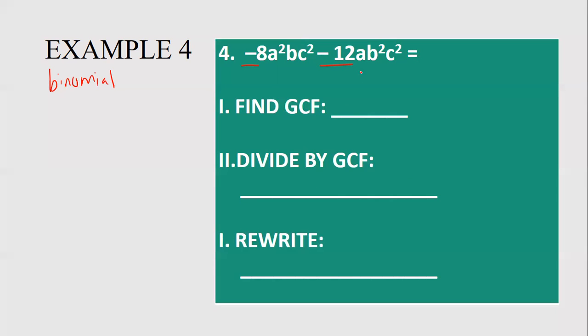So I'm going to look at my number first. And when your leading coefficient is negative, your GCF is going to be negative. So my leading is negative. Do we see that? So I'm going to divide by a -4. Then now I'm going to compare my variables.